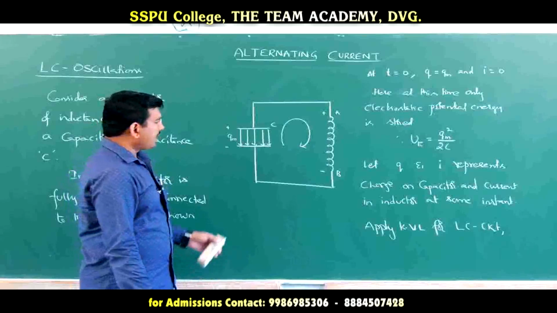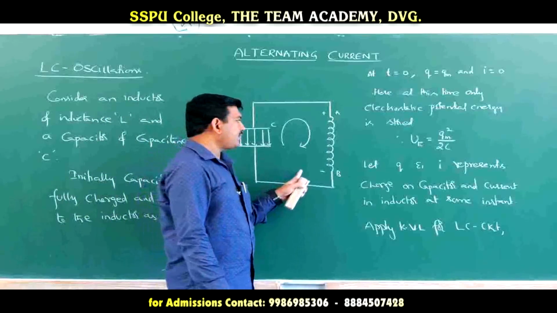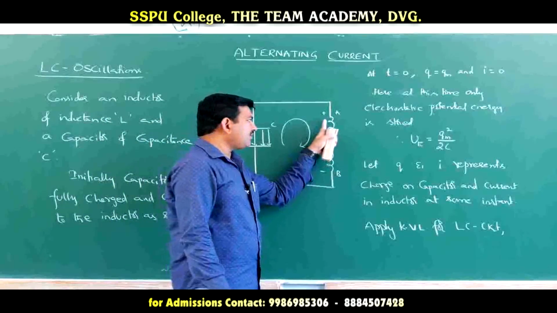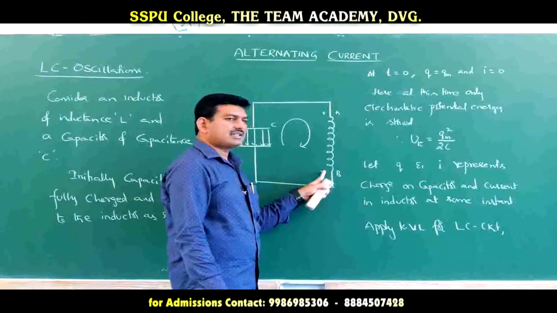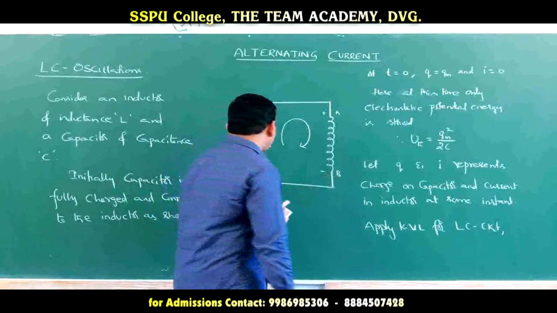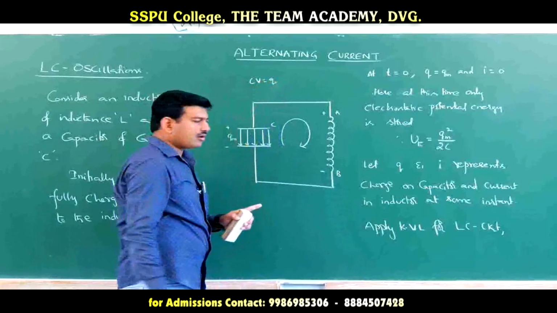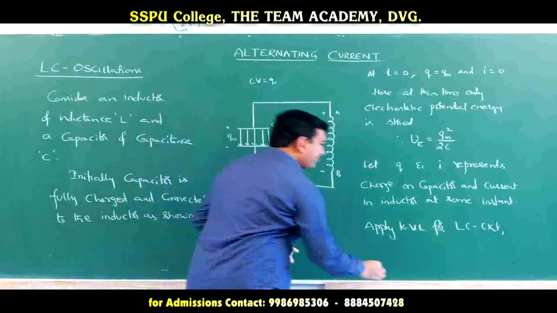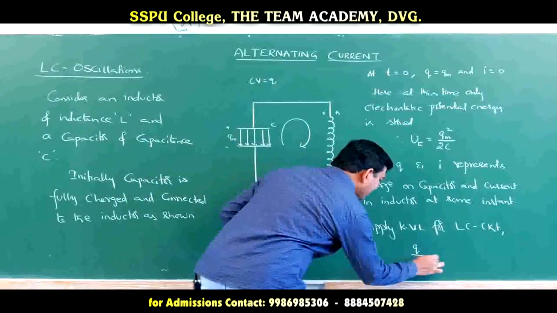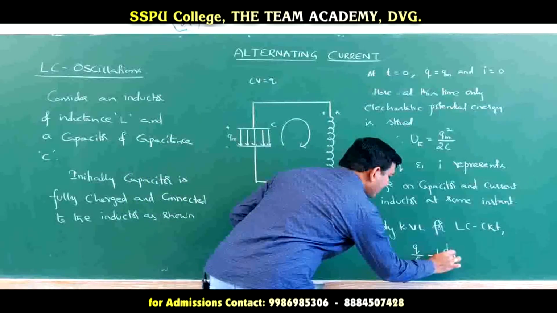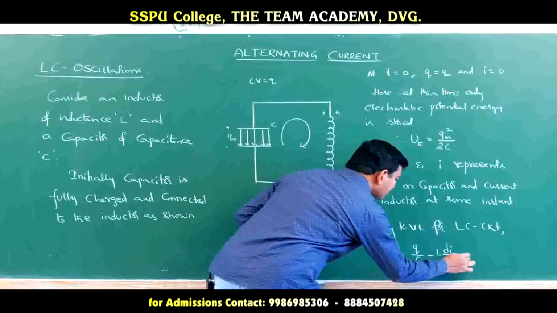This is nothing but the EMF across these two points A and B, minus L into di by dt, and CV is equal to Q says that V is equal to Q by C. Therefore, Q by C minus L into di by dt is equal to 0.